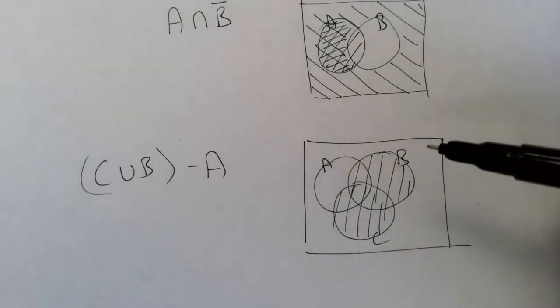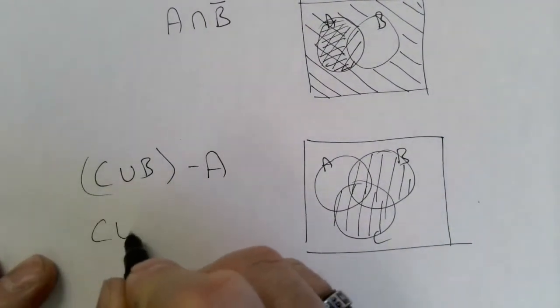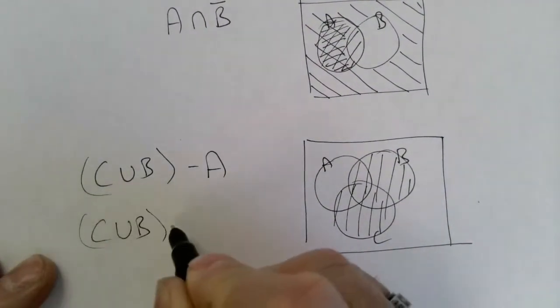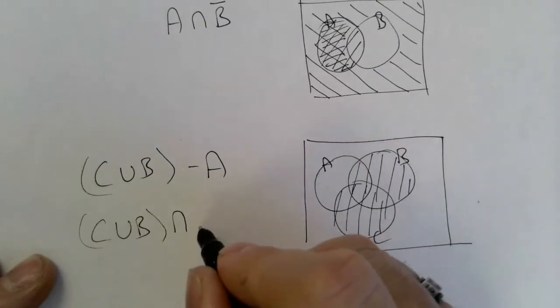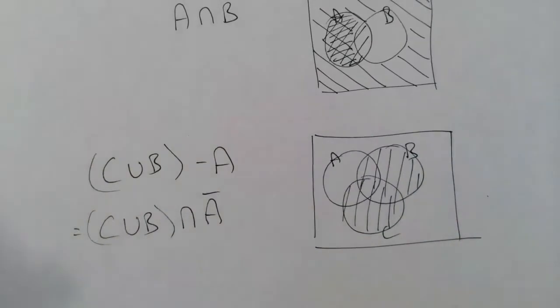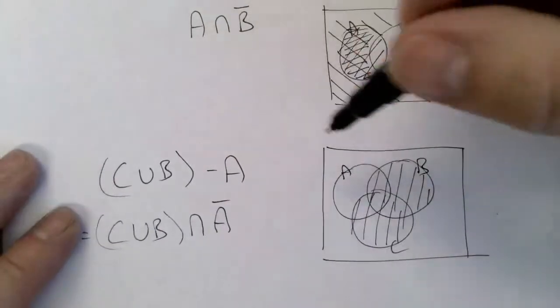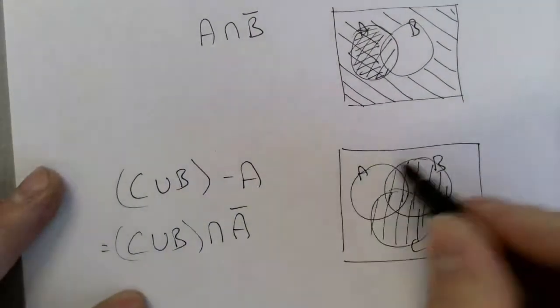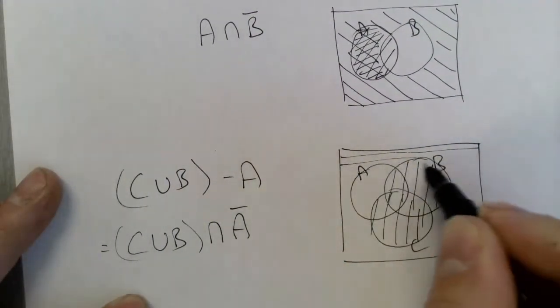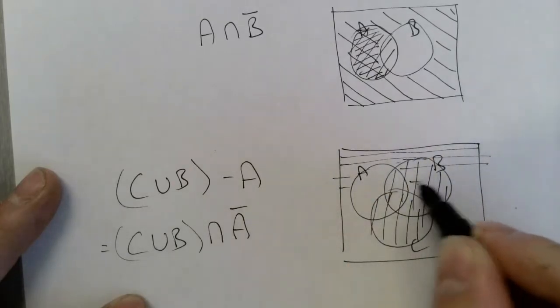So what that means is we're actually interested in where C union B intersects not A. Those are going to be equivalent here. So not A, and I'm going to use horizontal lines here. Not A is going to look like this, going across, going across.